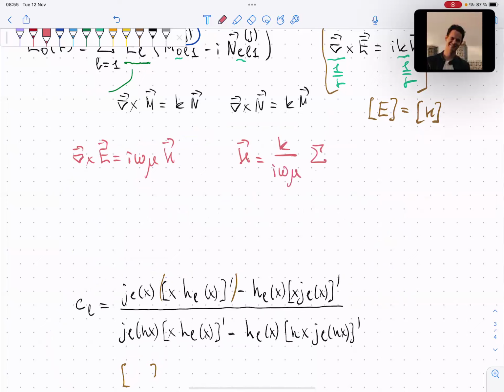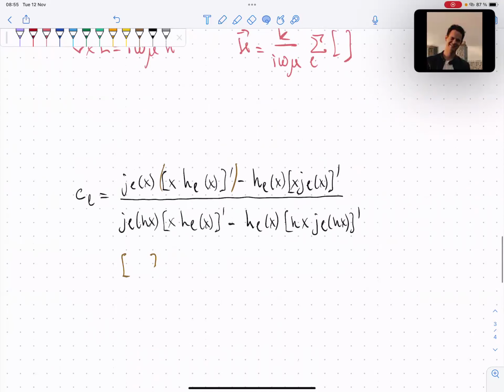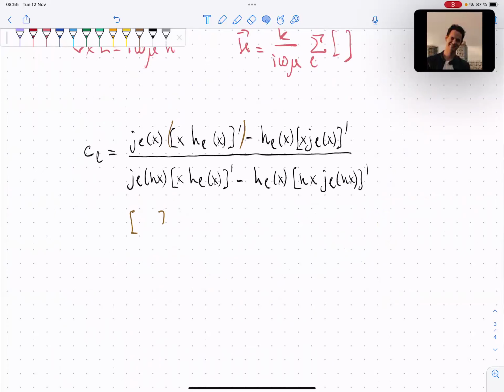But in CGS everything is proportional. This is why it's very convenient.